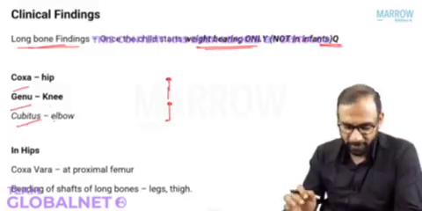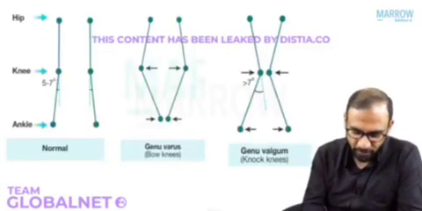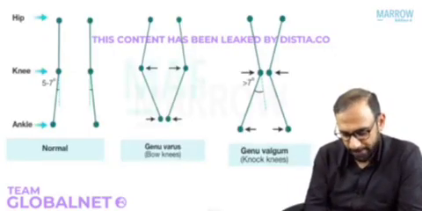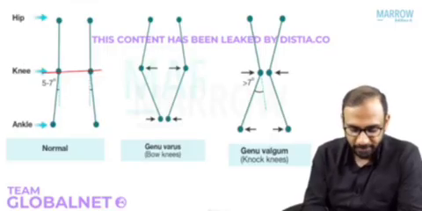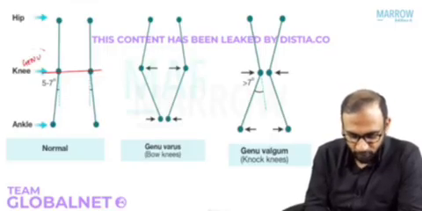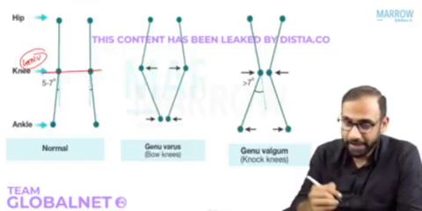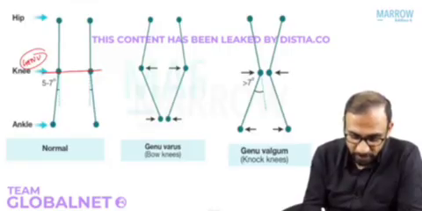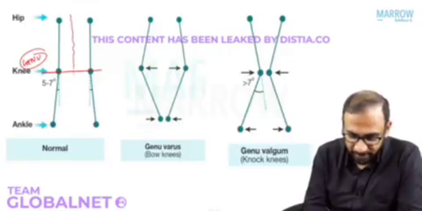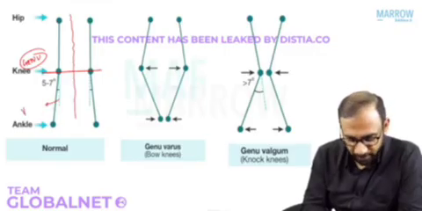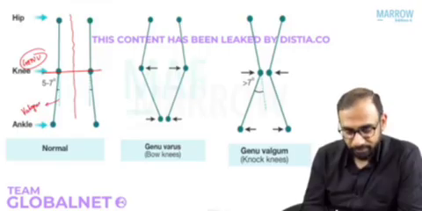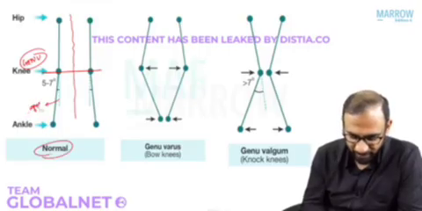For example, look at this. This is your hip, this is your knee, this is your ankle. Okay, knee is genu. What is distal to knee? Your leg. Now, if your leg goes away from the midline, so this is the midline, friends, if it is going away from the midline, we call it valgus. Okay, this is the diagram of normal, so you might get confused here.